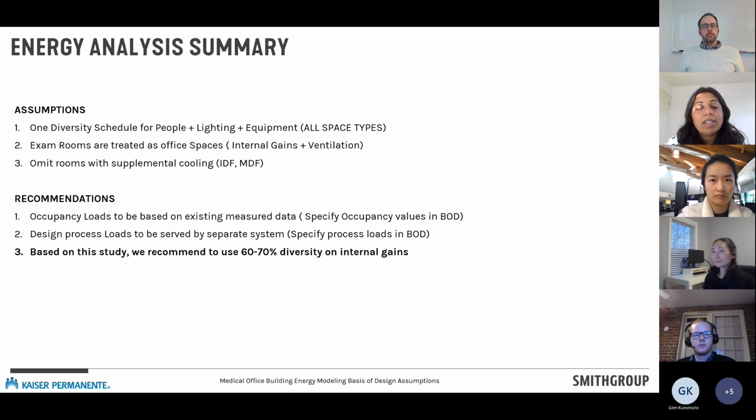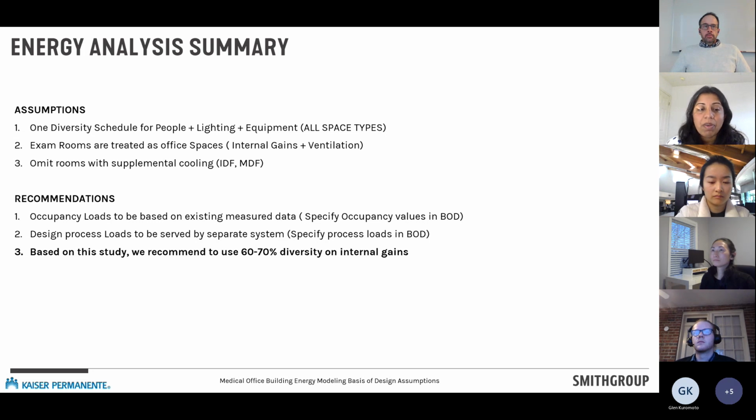Having these rooms served by a different system than the main air handling unit will definitely help fine tuning. And also it's clear to see to make any tweaks or to understand where the building is operating on higher conditions. Lastly, based on this study, we recommend to use 60 to 70% diversity on internal gains.